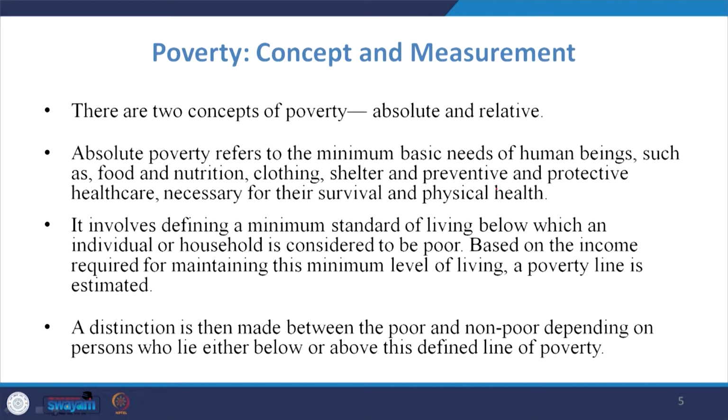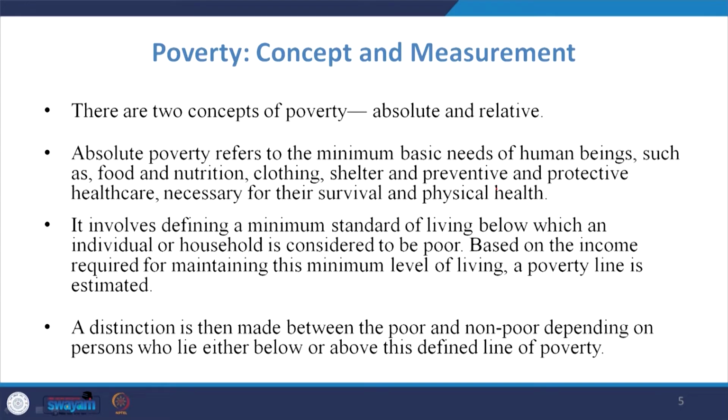So, if a household or a person is not able to get access to the basic minimum needs like food, cloth, shelter, health care, etc., then the household or person will be treated as poor.